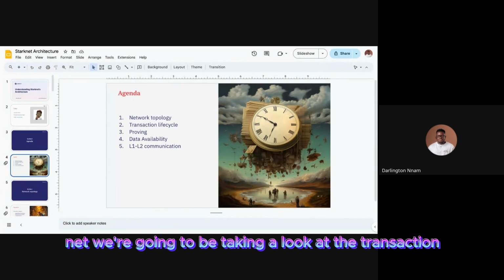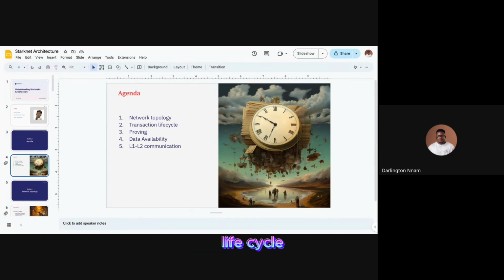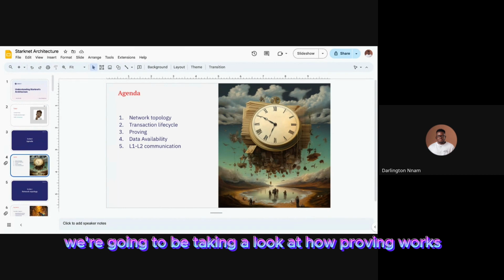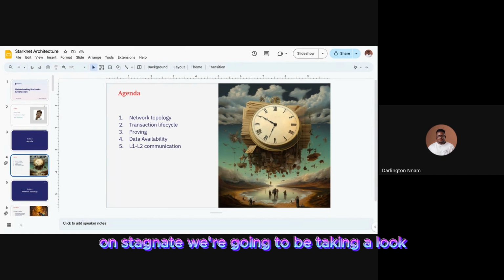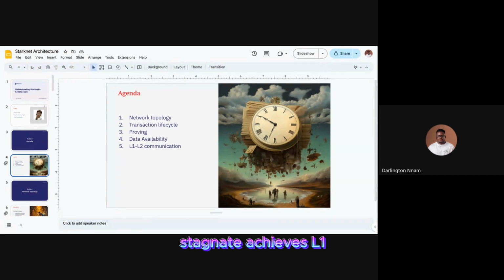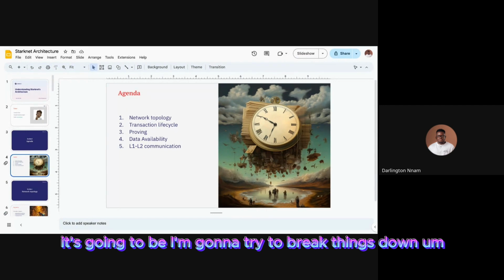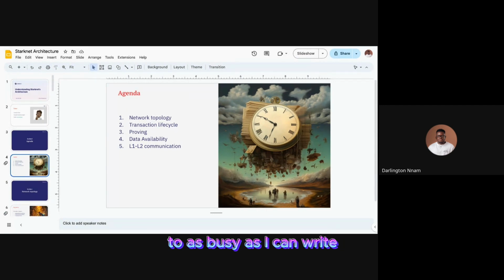We're going to take a look at the transaction lifecycle, how proving works on Starknet, the data availability problem, and finally, how Starknet achieves L1 to L2 communication. I'm going to try to break things down to as basic as I can.